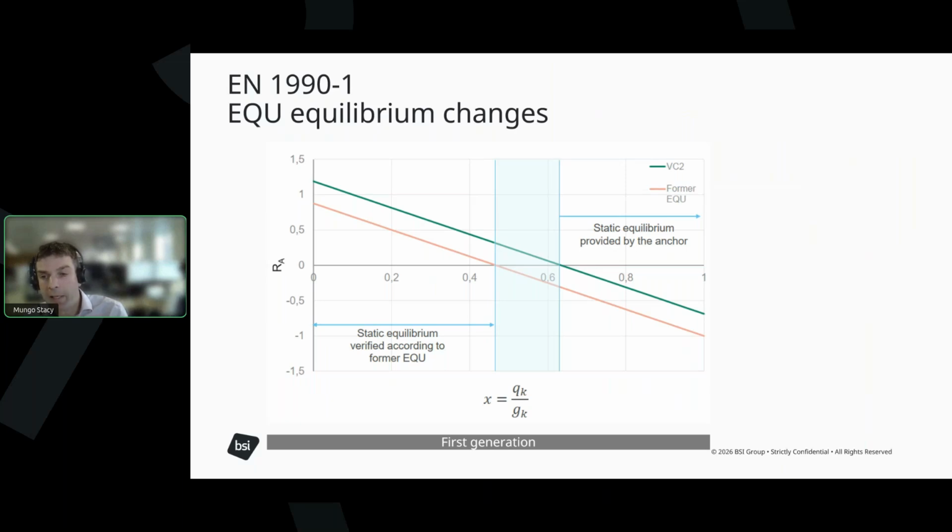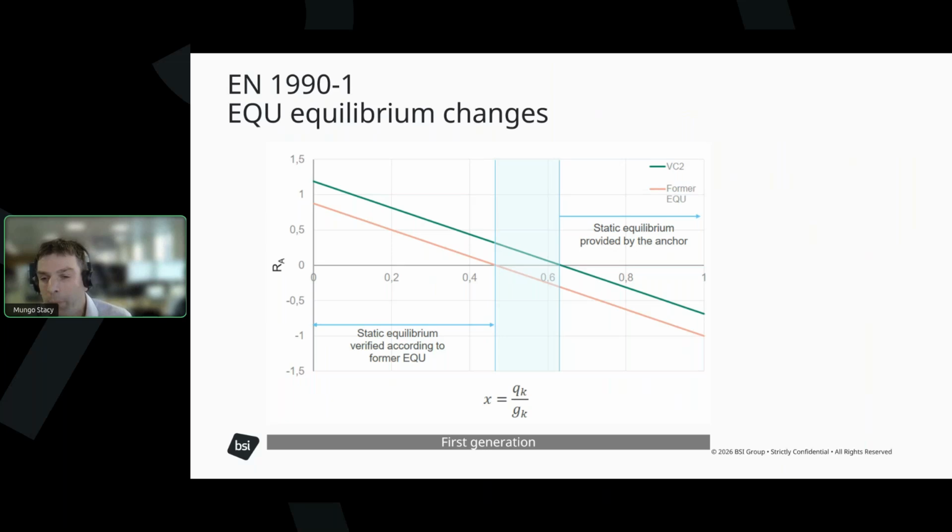And then as you started increasing the variable action, there came a point where equilibrium was no longer satisfied. And at that point, you need to switch from EQU to STR to work out the structural force in that anchor. And when you switch to the STR, there was a gap between the value at which EQU showed you that stability was provided, compared with the magnitude at which you started getting a non-zero or greater than zero value in the anchor. And that gap is shown by the blue shading on the middle of this screen.